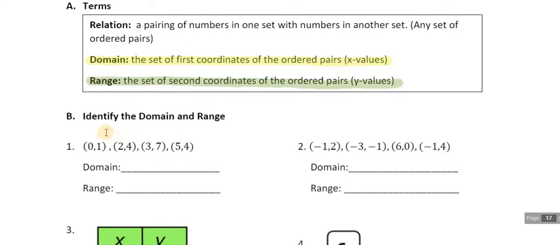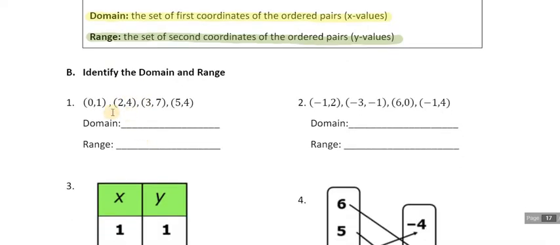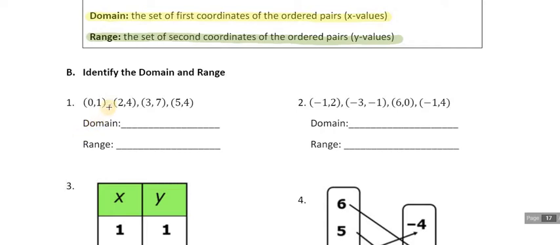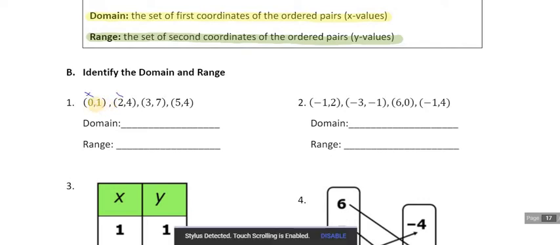Our first questions ask us to identify the domain and range, and we're given a series of ordered pairs. Our domain is, again, the x values. So that's going to be 0, 2, 3, and 5.